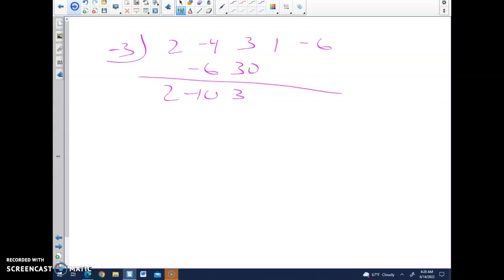Now we get 30, and that's 33. We get negative 99, that's negative 98. Negative 98 times negative 3 is 294. And the remainder is 288. And that's your answer. Okay. So if I were to plug negative 3 in for x, I would have gotten 288. Just easier to do it through synthetic division.